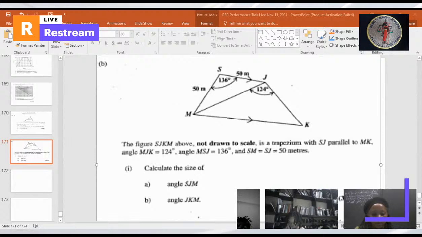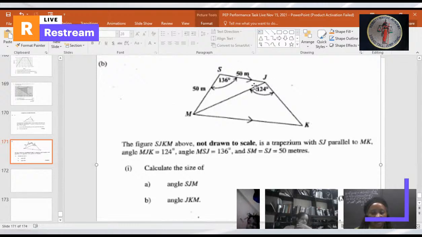So let's see. It's a trapezium and they have cut it up into two triangles. And SJ is equal to SM, so those are 50. So one of the triangles is isosceles then, right? All right, so they want angle SJM.